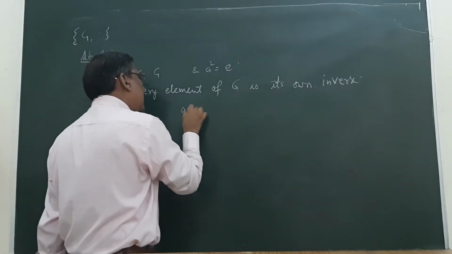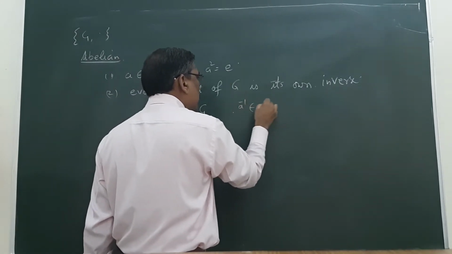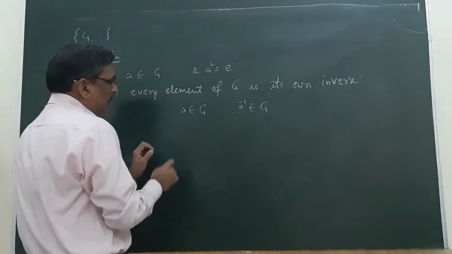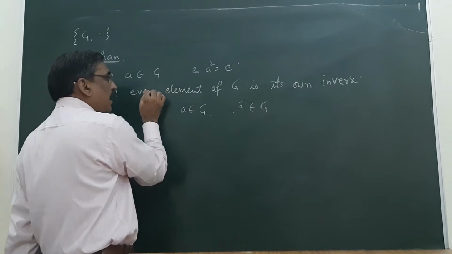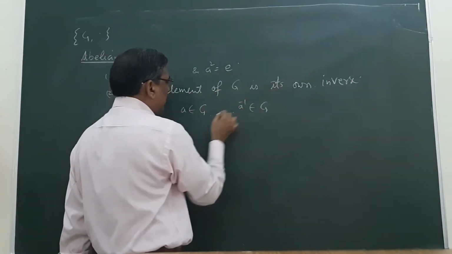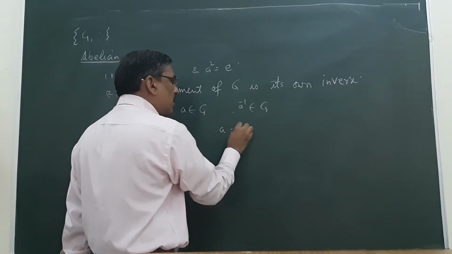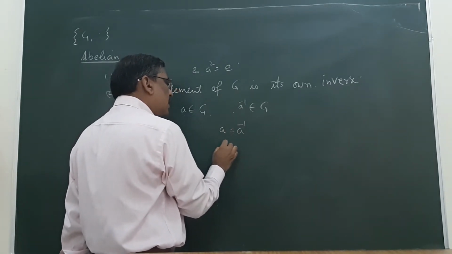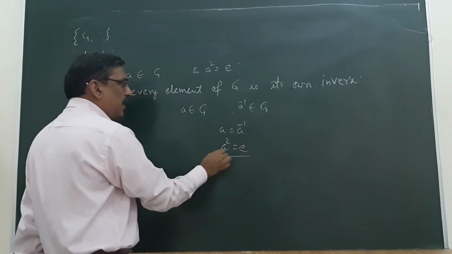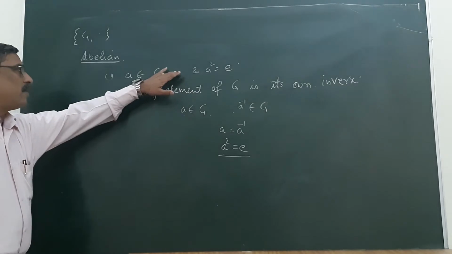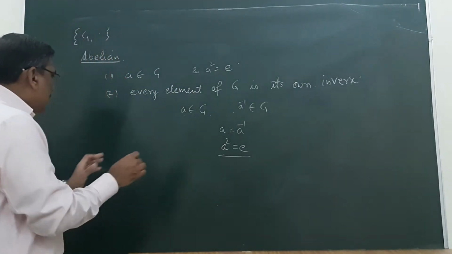Say a is any element of G, and a inverse also belongs to G. Every element of G is its own inverse means a is equal to a inverse, so ultimately the final result will be a square is equal to identity. If a square is equal to identity, then from this result we can say it is abelian. So these are the simple results.